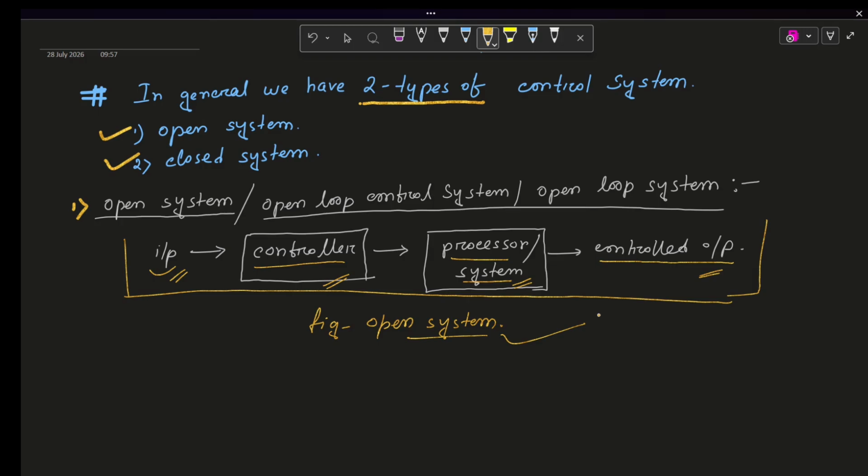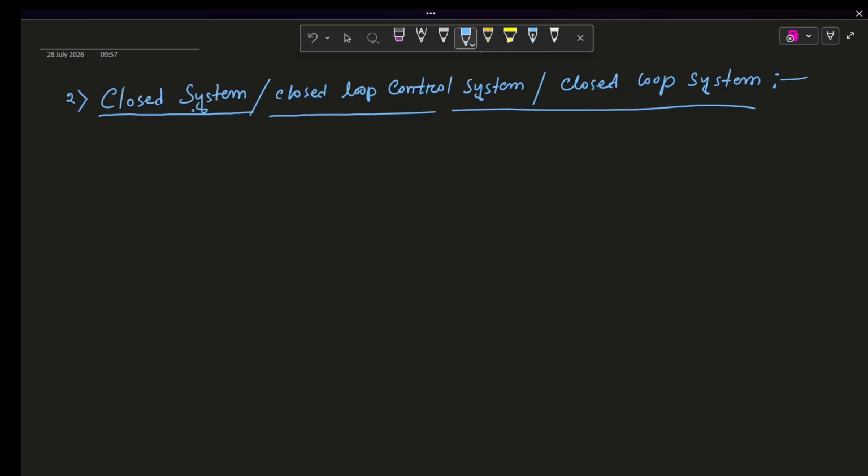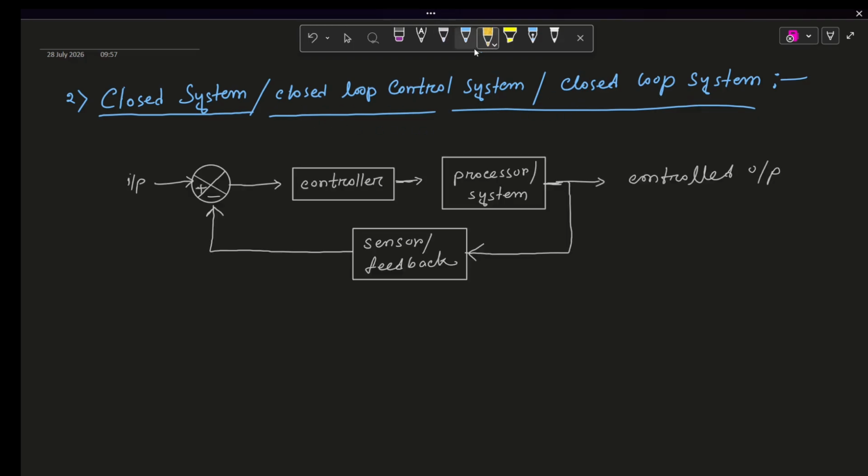Now we will see our closed system. The closed system is also known as closed loop control system or closed loop system. Try to remember all the names. This one is a block diagram of closed system.